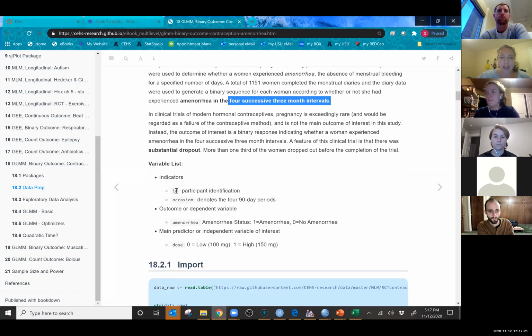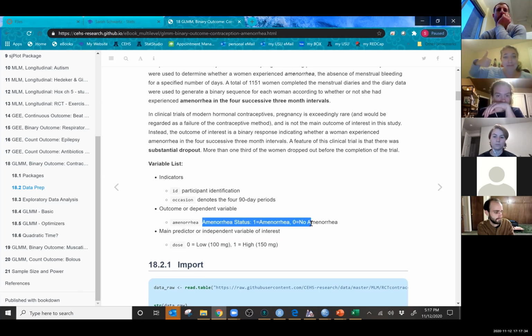So our variables: we have an ID variable to uniquely identify each woman. We have the occasion variable, so occasion 1, 2, 3, 4. And then we have the outcome status, which is either yes, they missed their period, or no, they're still bleeding.